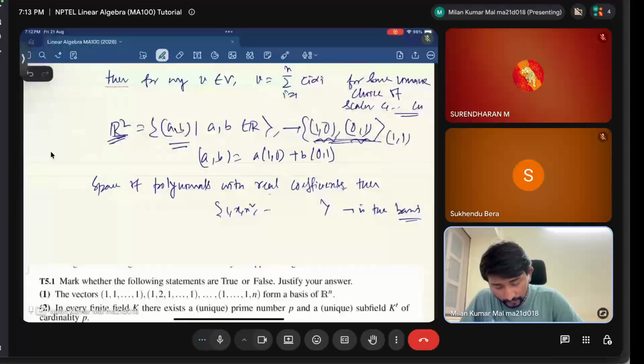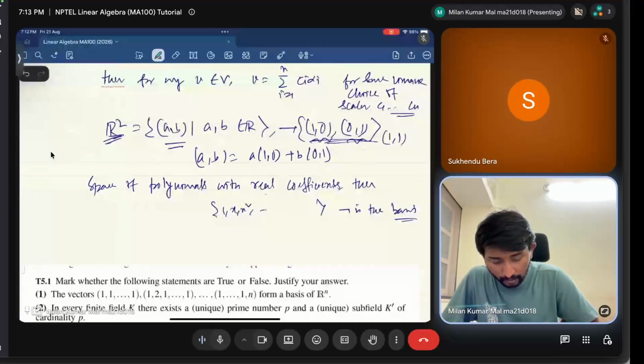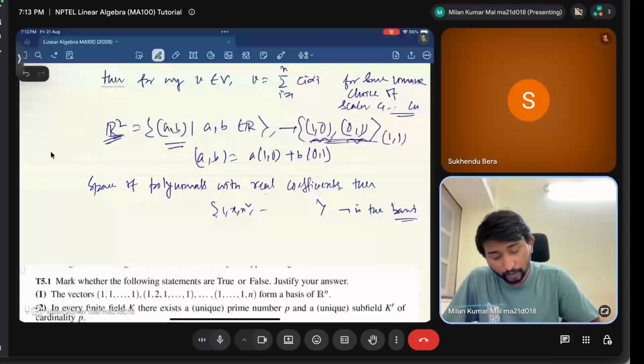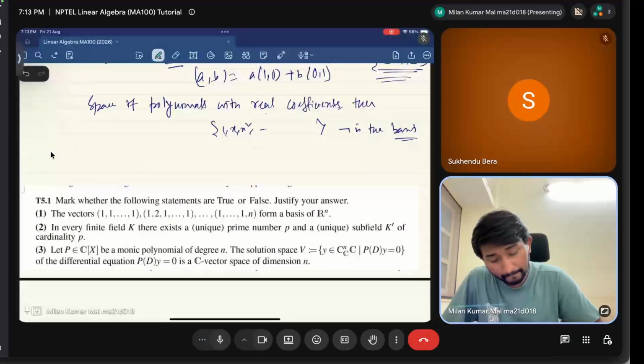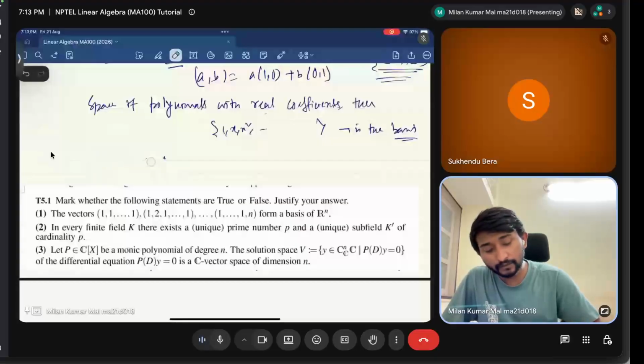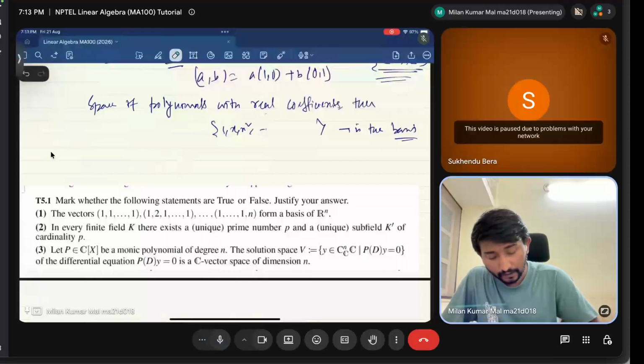So for a vector space V, the number of elements in a basis can be finite or infinite.